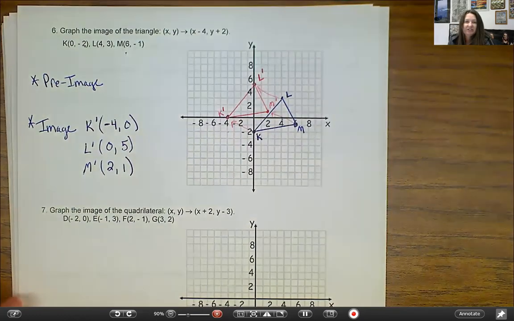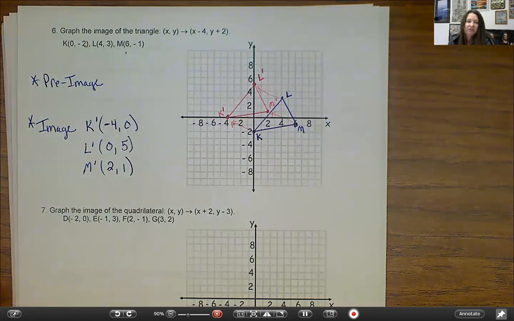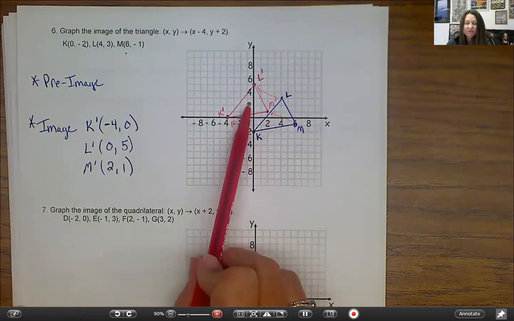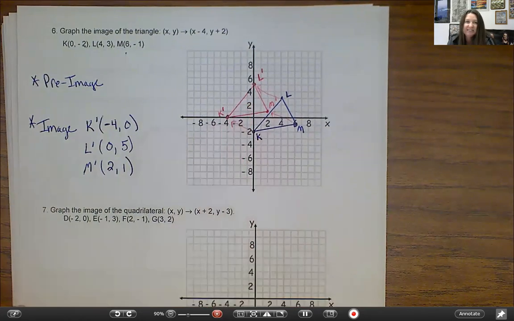Each of those vertices is moving that same direction. If you were to take your pre-image and place it directly over your image, those should be exactly congruent, because a translation is an isometry or a rigid motion. And again, if it's just a translation, it should look like the figure is just shifting to that location.